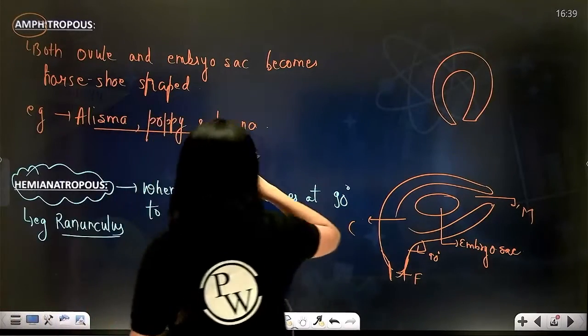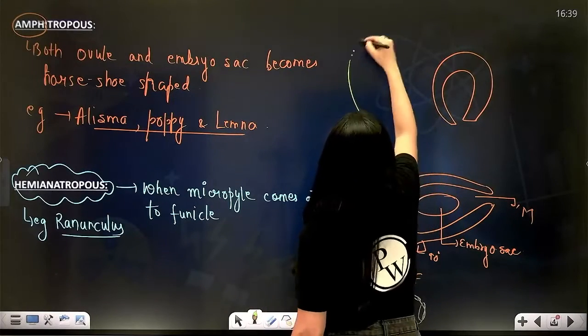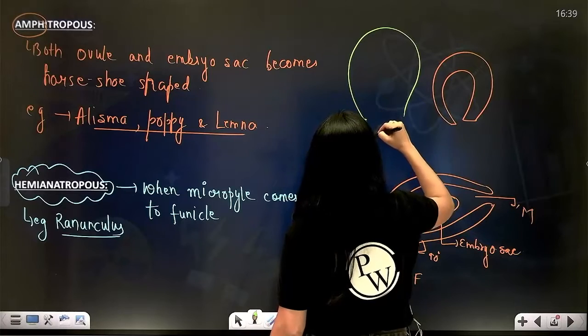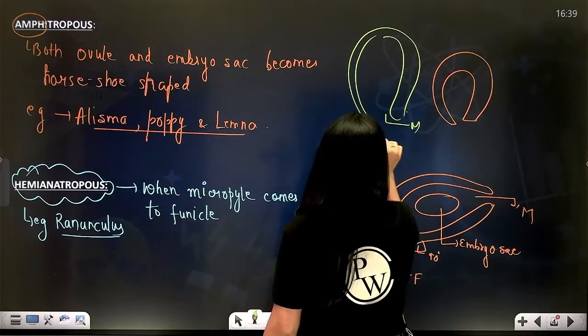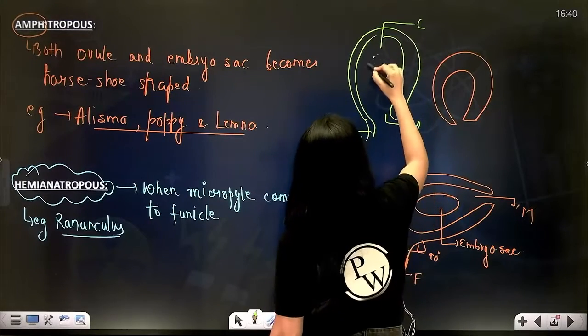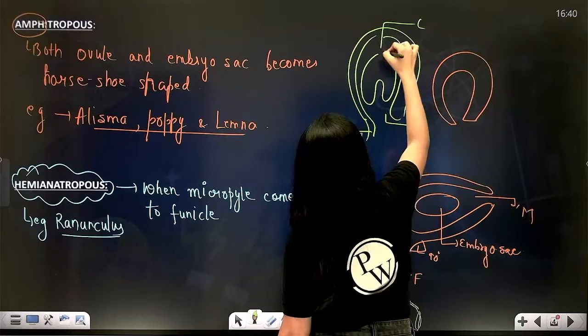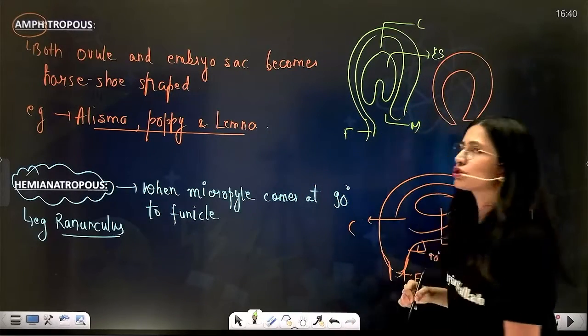So how are you going to draw it, beta? Just see it. Right? This is how you will draw. This is the micropyle, this is the funicle and this is the chalaza, and again the embryo sac has also become horseshoe shape.